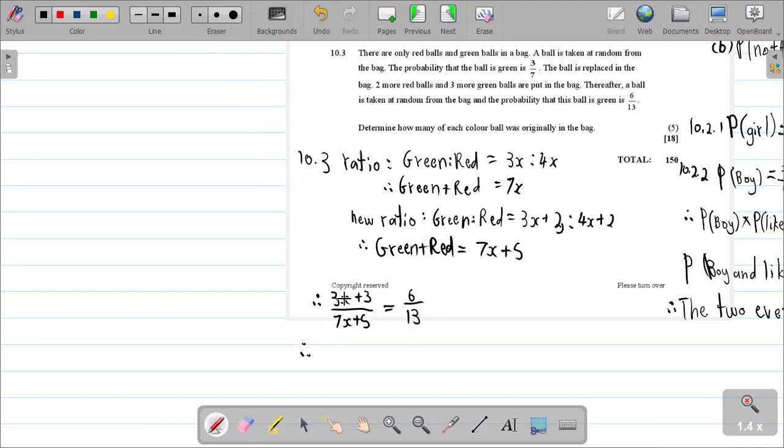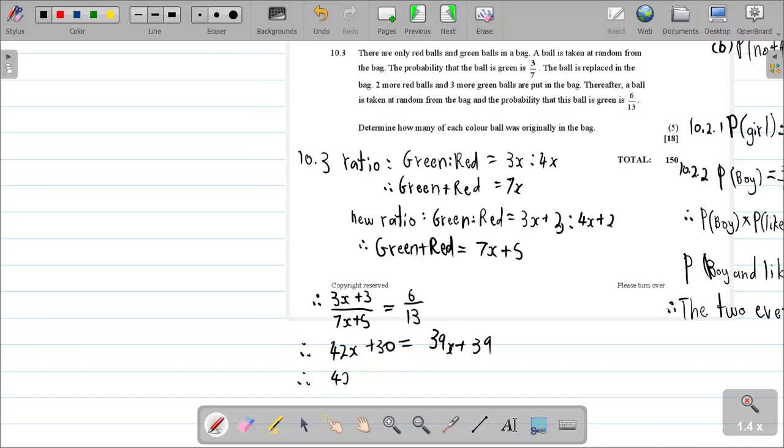So then we cross multiply. 6 times 7 is 42x plus 30 equals 39x plus 39. So you solve for x. You bring the 39 this side.